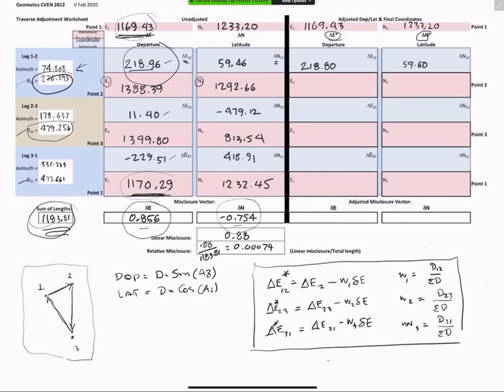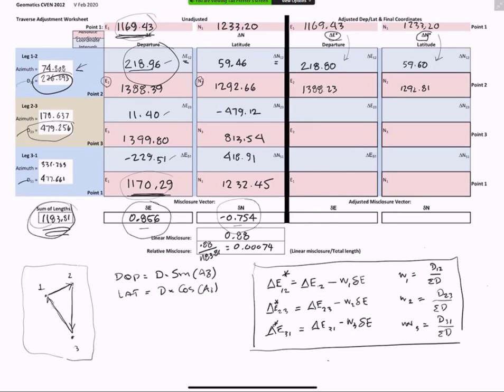And then adding those to the original coordinates for point 1, we have corrected coordinates for point 2 of 1388.23 and 1292.81.